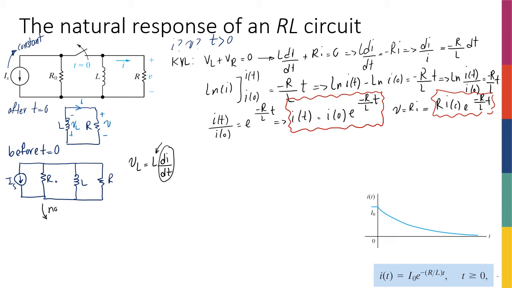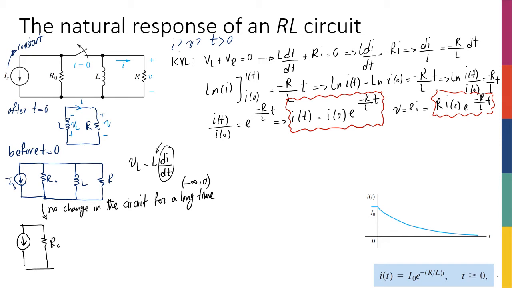Another way to think about this is that because there was no change in the circuit for a long time, and by long time we mean from negative infinity until 0, I can redraw my circuit as R0, and then instead of R, I'm just going to put R. Instead of L, I can just put a wire.